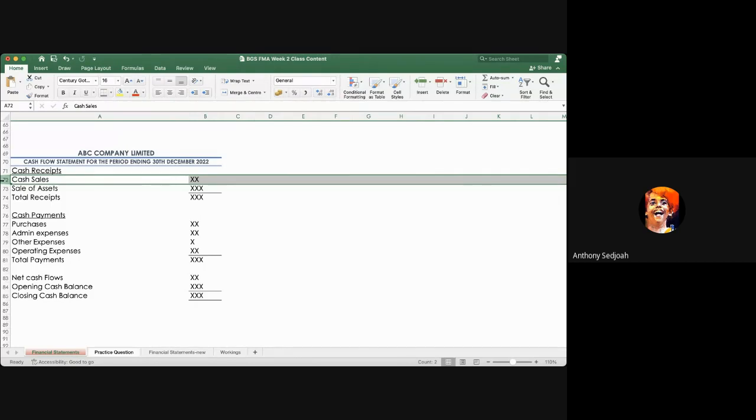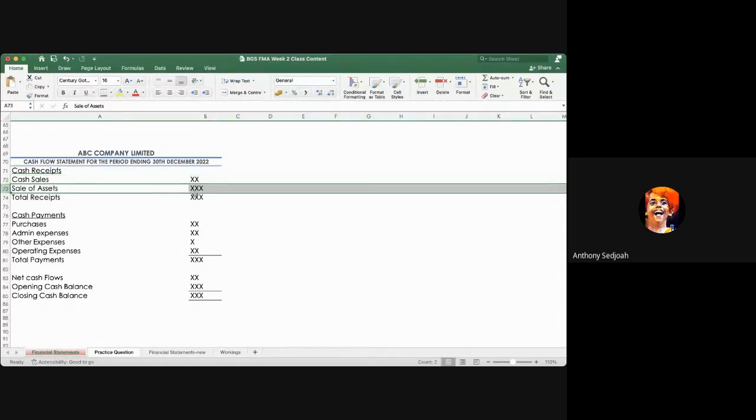So cash sales is under the cash receipts. Then the sale of assets. If you have a car or a building and decide to sell it, you're going to get money in return. So in fact, this should also be cash sales of assets too, because you can decide to sell an asset and they still won't pay immediately. Okay. So those two will fall under our cash inflows or cash receipts.